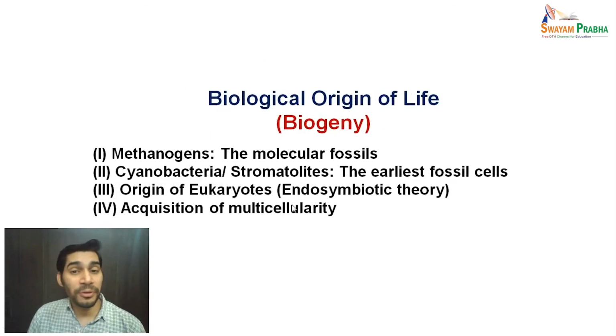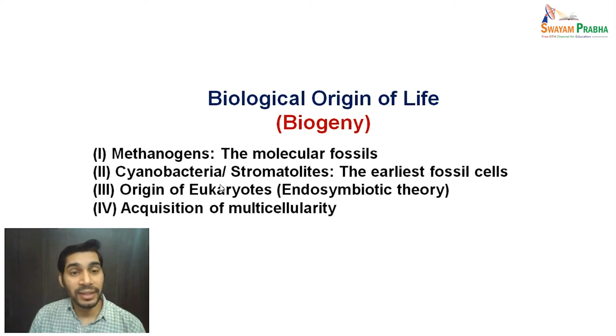With this much introduction about how simple molecules, then complex molecules formed, and how the protocells formed, now let's move to the next part of our discussion, which is the biological origin of life, or something which we call biogeny. Now again we'll discuss this topic under 4 subheads. First is from these protocells where we left the chemogeny, how the methanogens, the first molecular fossils, formed.